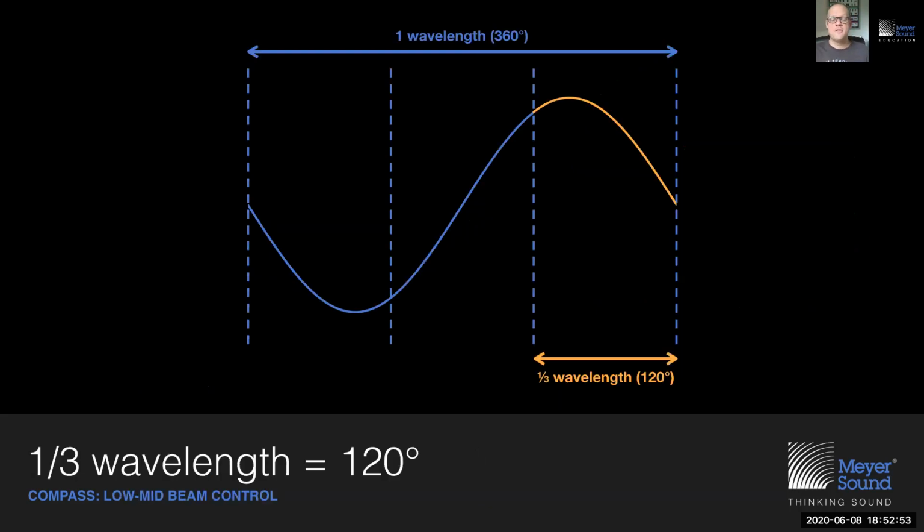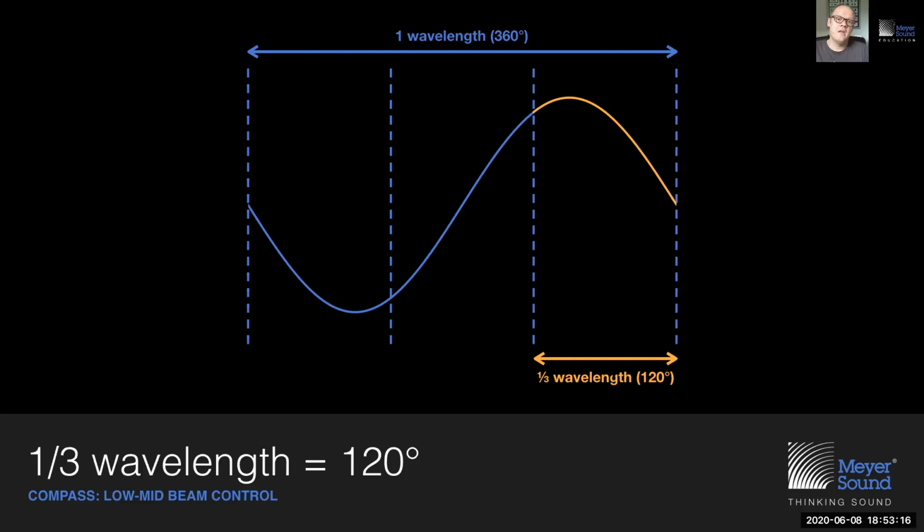So, with that knowledge in place, let's look at a wavelength. This is a single wavelength of an arbitrary frequency. Couldn't care less. Of course, if we chop it up in 3 slices, 1/3 of a wavelength is indicated by the orange arrow in the bottom of the screen. That's 1/3 wavelength.